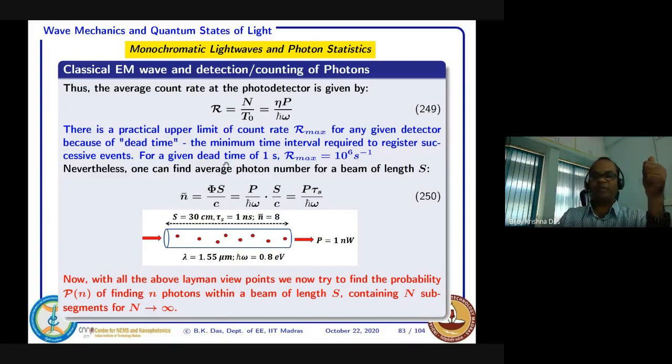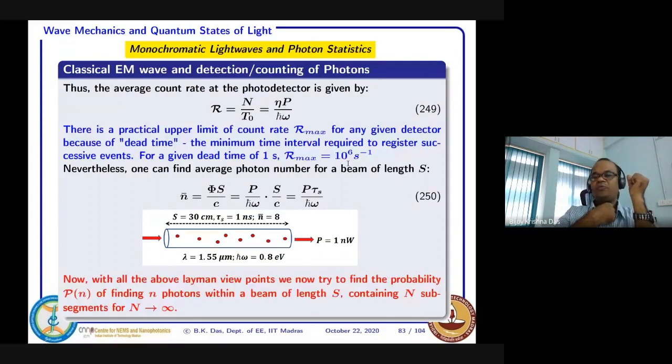That is because of the limitations. If more than this many photons are coming, you cannot really count. I am just talking about how ultimately you have to consider the quantum state and identify and detect a single photon. In that case, certain limitations are there on the photodetector side. Okay, so here in this example, 10 to the power 6.